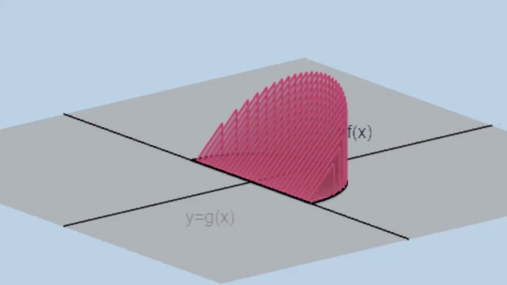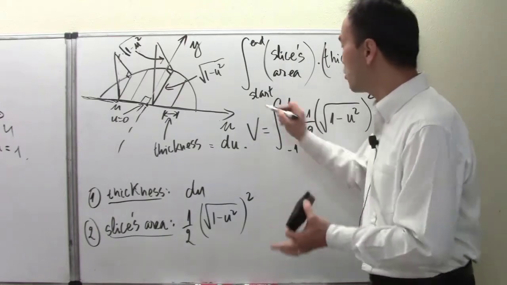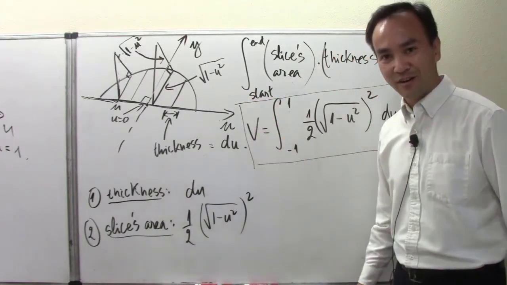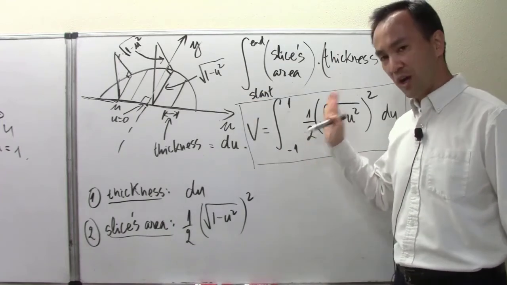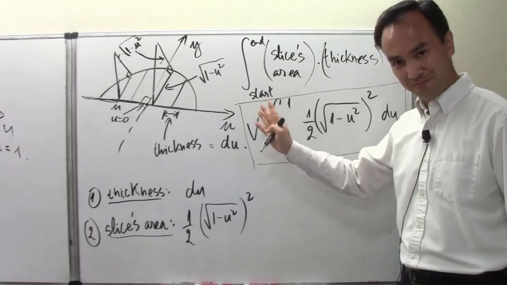Based on the description of that solid, the volume will be whatever comes out after we evaluate this definite integral.